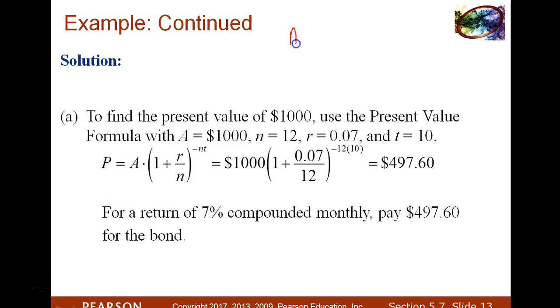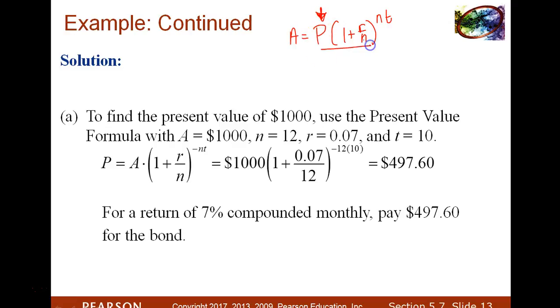So if I had originally the amount that you have out is the principal times 1 plus r over n to the nt. And I want to now solve for the principal because I know how much money I want to have. I need to figure out how much I need to put in now.